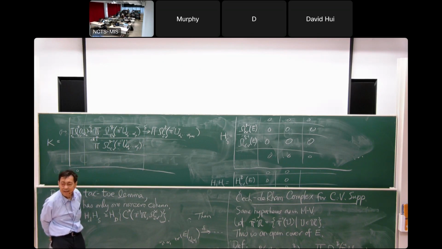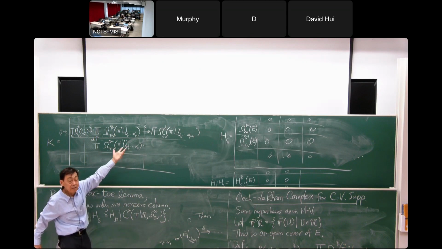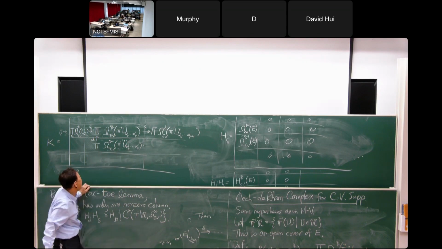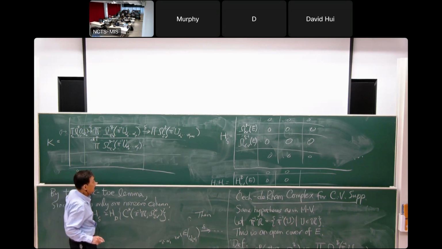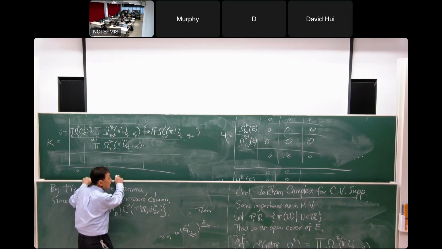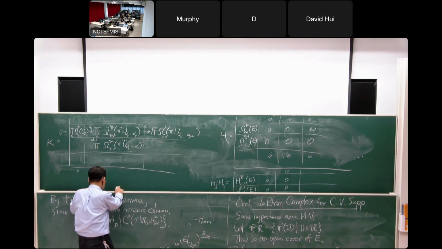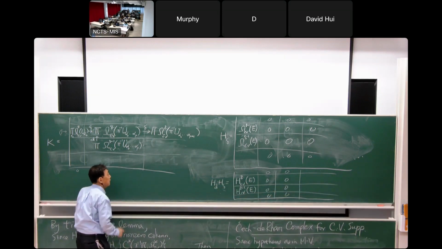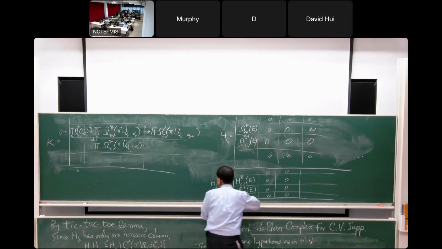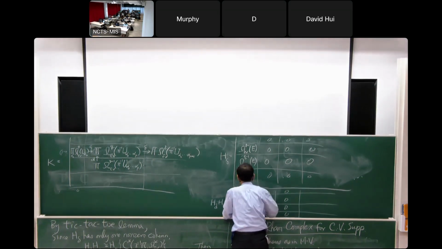But that means every box could be non-zero, right? And so we should use a good cover. Okay, so let's go vertically, but we use a good cover. So let me do it over here.